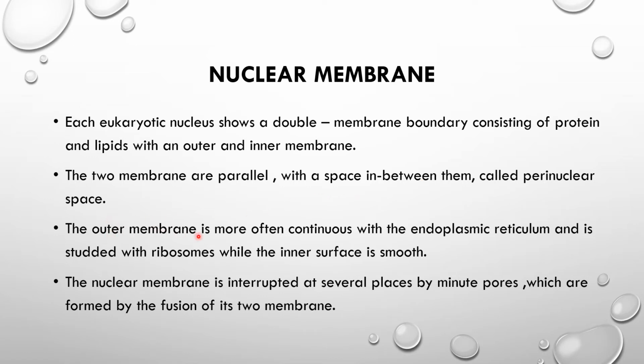The outer membrane is continuous with the endoplasmic reticulum, a network-like organelle, and has ribosomes embedded with it, whereas the inner surface is smooth. The nuclear membrane is interrupted at several places by minute pores known as nuclear pores.